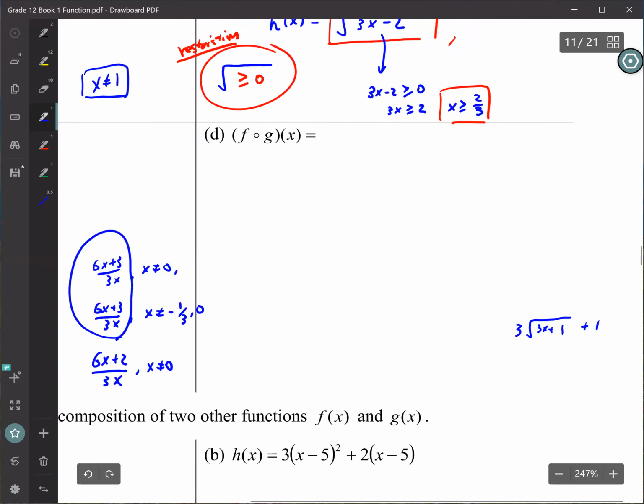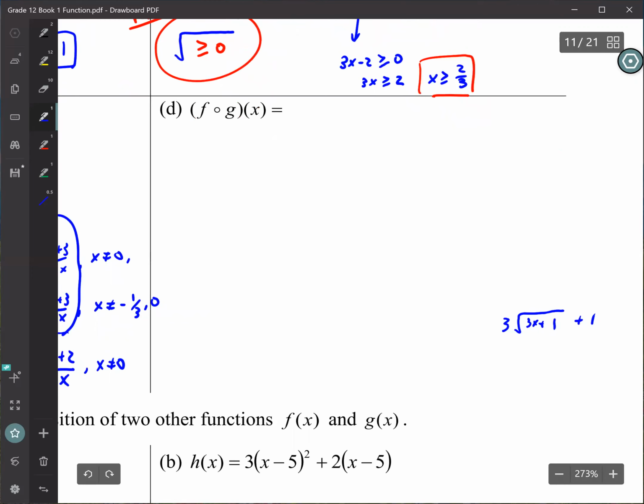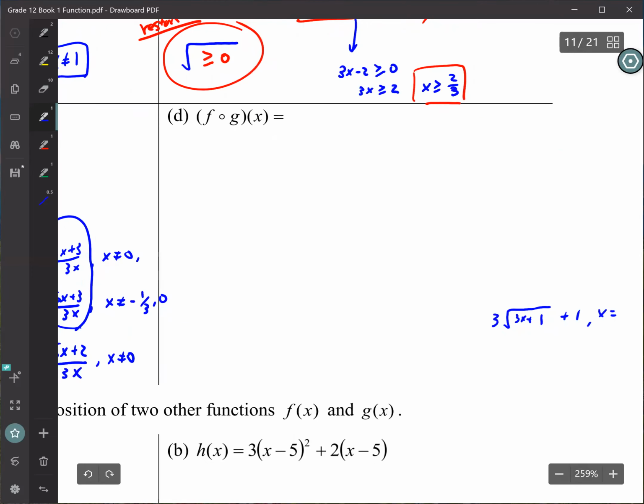Okay. What about restrictions? x is greater than or equal to 1/3. Okay. No, negative. Okay.